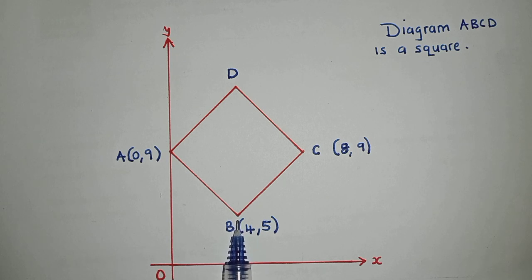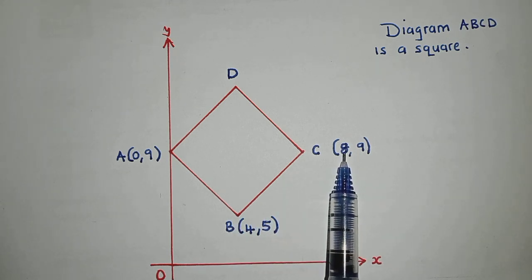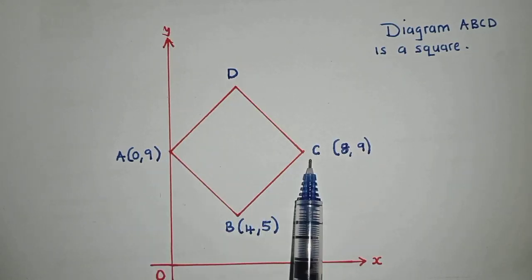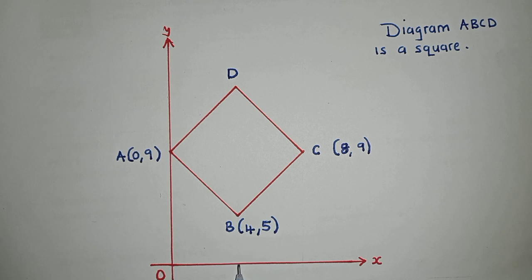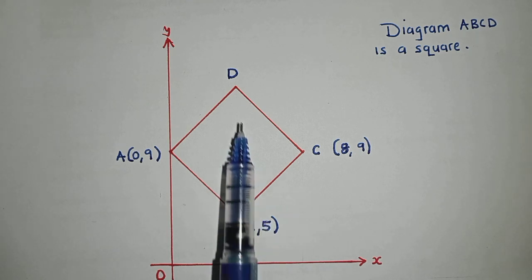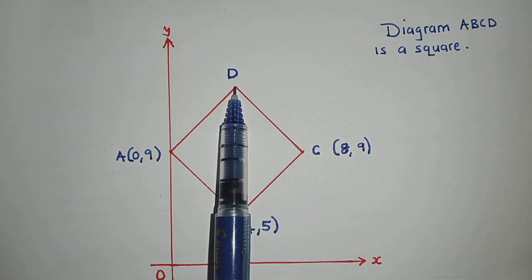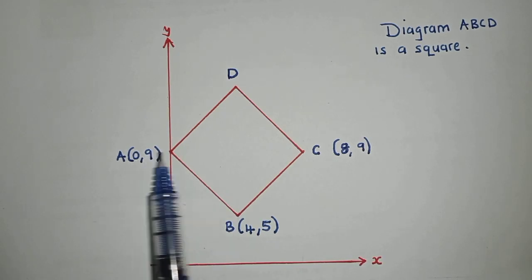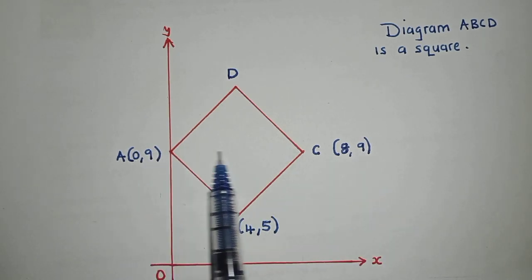And from B to C, we have 8 as the x-axis. So this is the midpoint of this shape, and the x-axis here is 4, so even here the x-axis will be 4. Also, I looked at the y-axis. This is 9 and this is 9, so this is the midpoint.